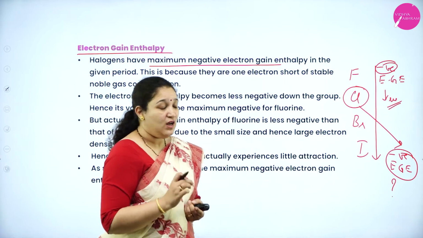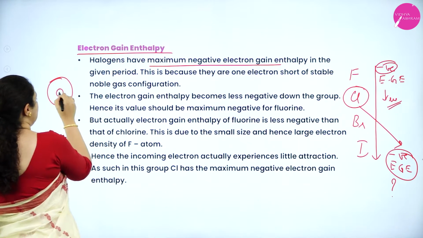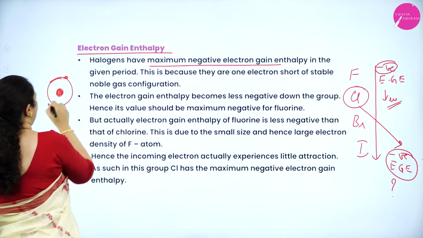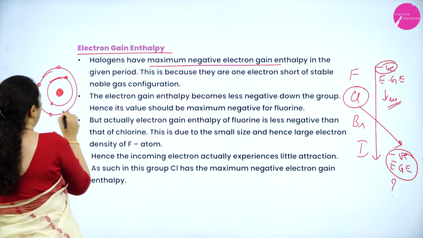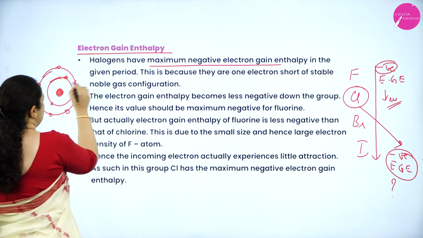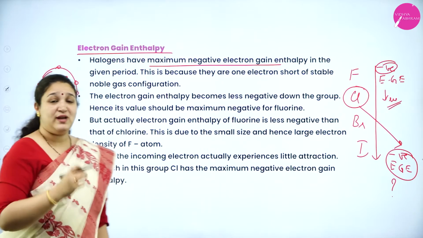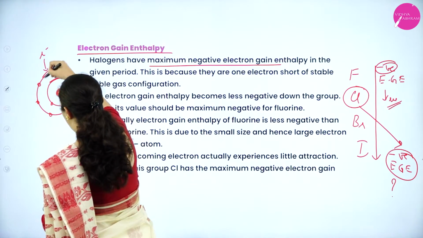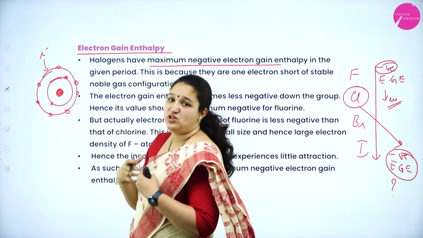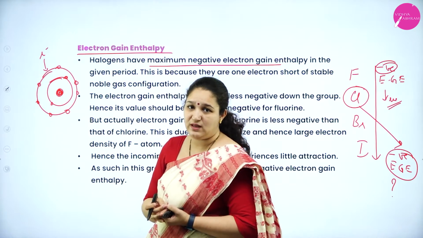That is because fluorine, if you consider, this is the nucleus, it has got 2 electrons, then the next shell it has got 1, 2, 3, 4, 5, 6, 7. So if it has to take up one more electron, the amount of energy released is called the electron gain enthalpy.